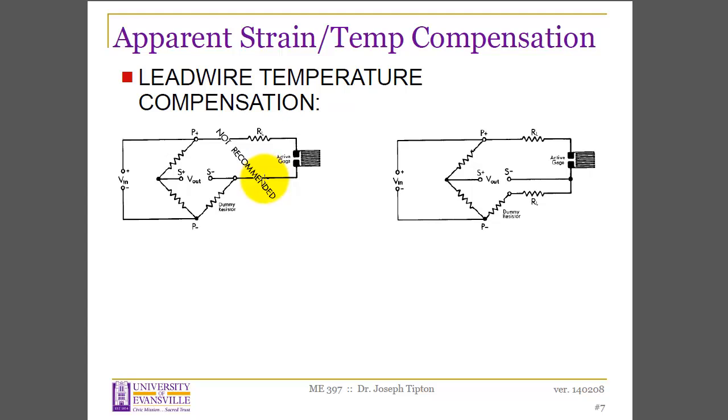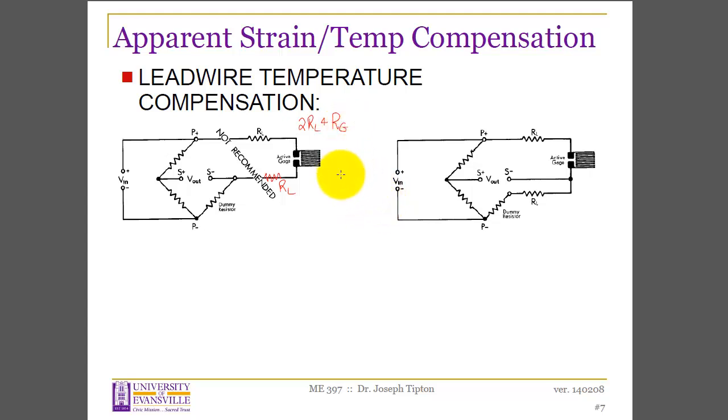And then this second wire also, if it's the same length and type, has the same lead wire resistance. If you think about it, then this arm of the bridge now looks like 2 times the lead wire resistance plus the resistance of the actual strain gauge.